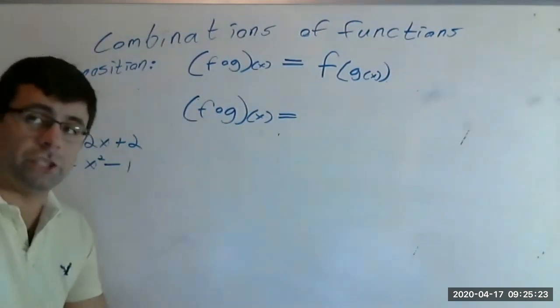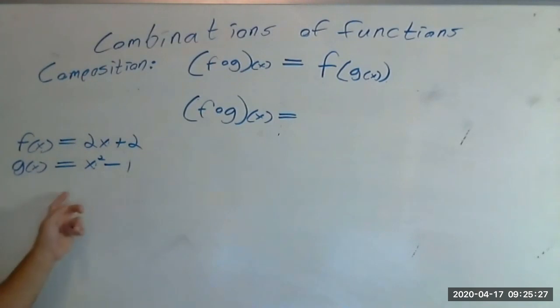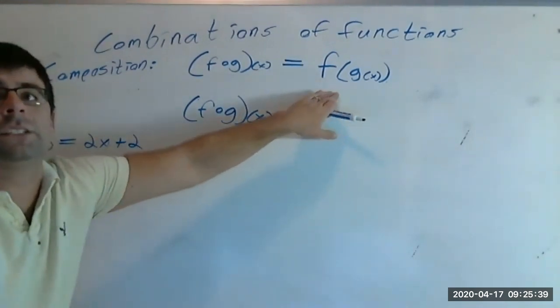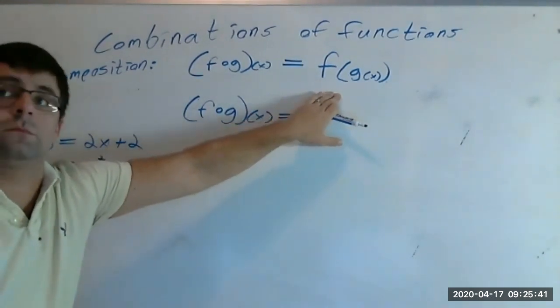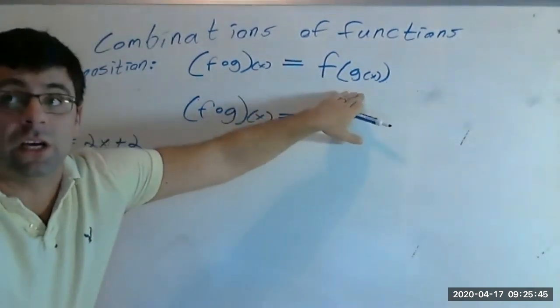So when you have a function, what does f of x equal? Well, it equals 2x plus 2. But here, it's not f of x, it's f of g of x.